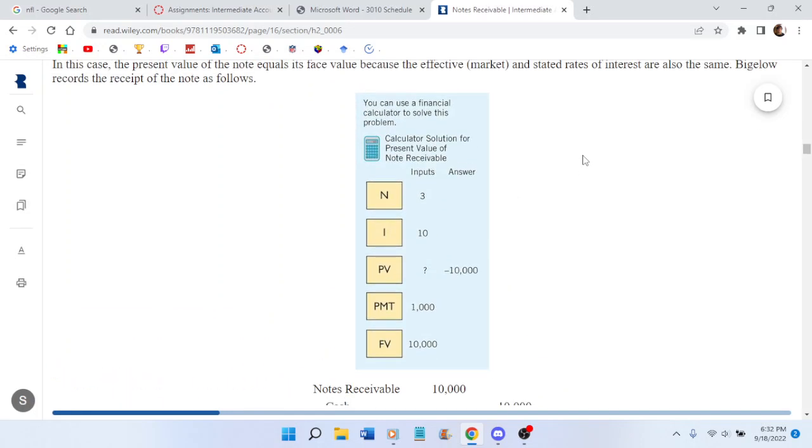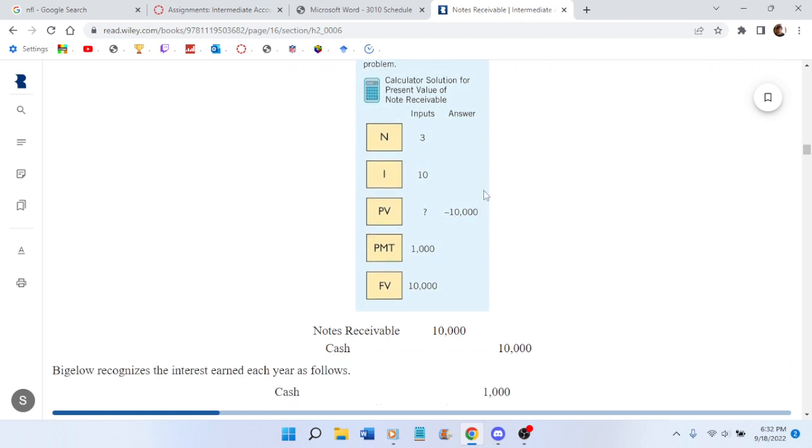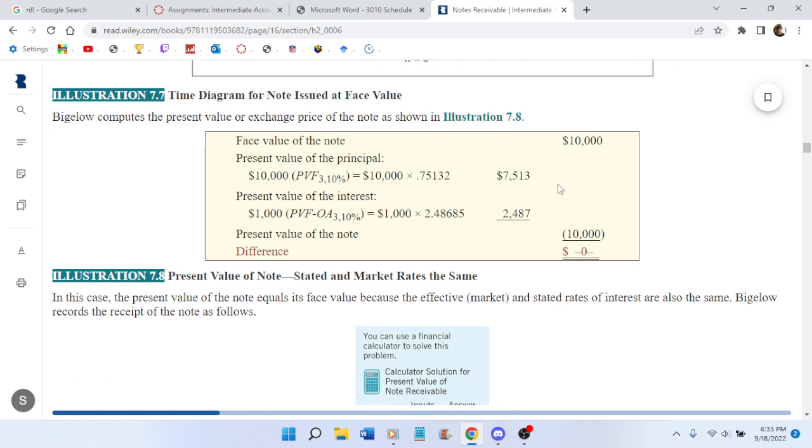Wait, what? They seriously told you to do that when the answer is just $10,000? You didn't even need to do the calculation. Yeah, but you need to do the calculation for this part though, right? How do you do this part?